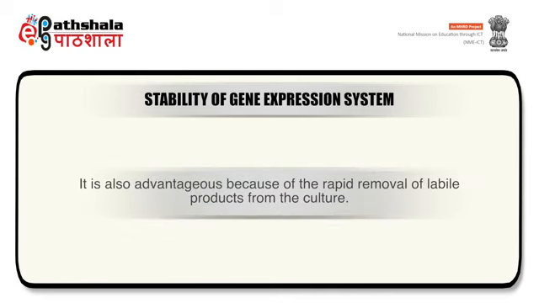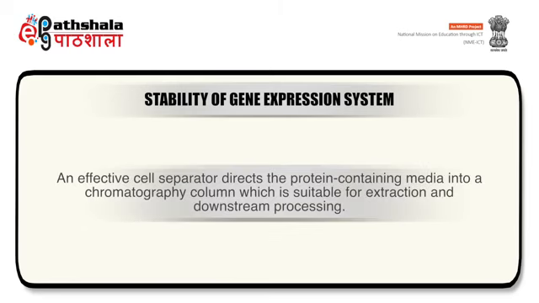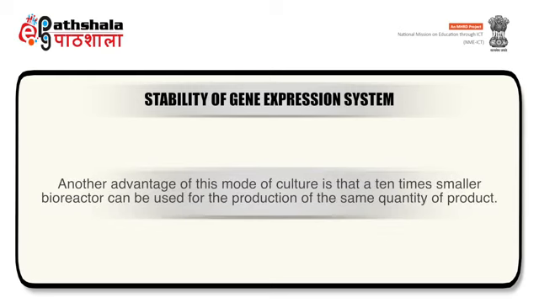It is also advantageous because of the rapid removal of labile products from the culture. An effective cell separator directs the protein-containing media into a chromatography column, which is suitable for extraction and downstream processing. Another advantage of this mode of culture is that a 10 times smaller bioreactor can be used for the production of the same quantity of product.